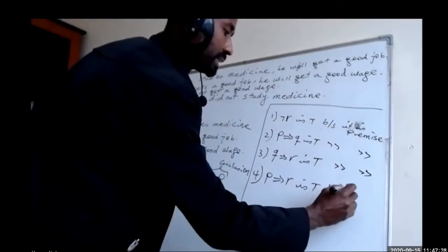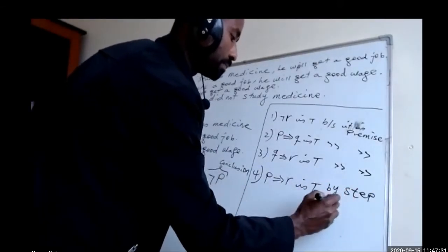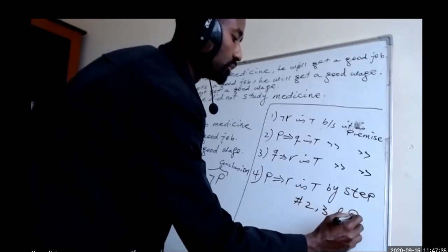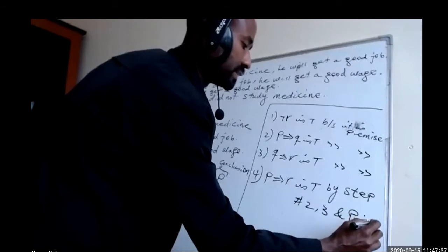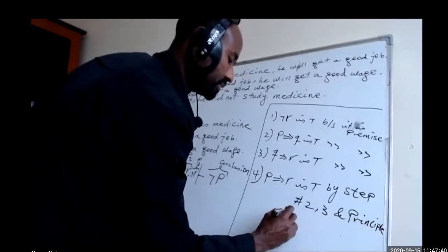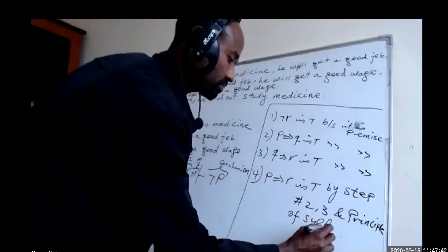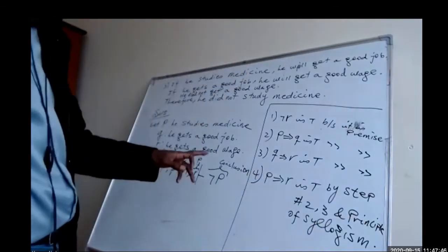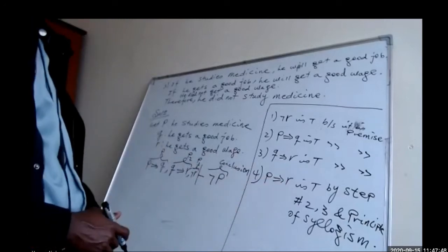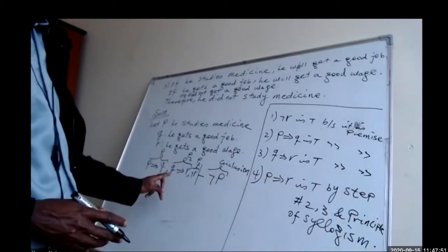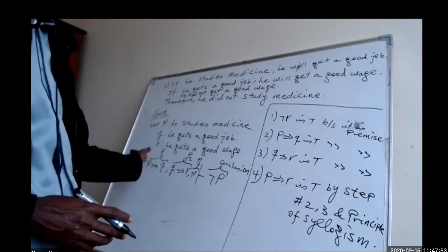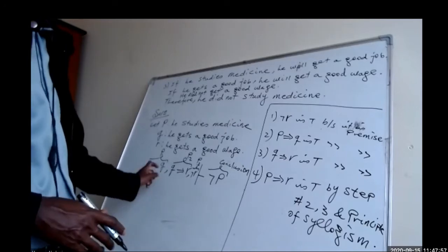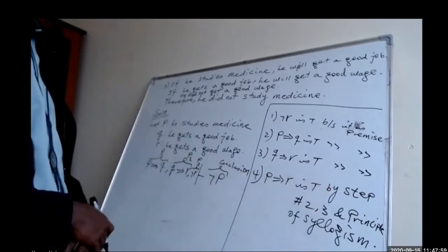By steps number 2, 3, and principle of syllogism, we have got P implies R. So here P implies Q is already true, Q implies R is already true, and P implies R is already true by principle of syllogism.